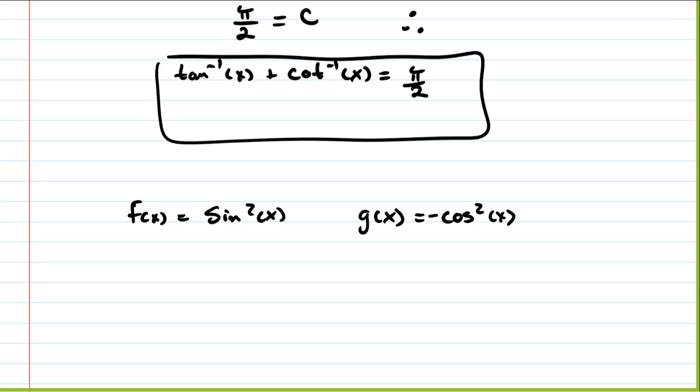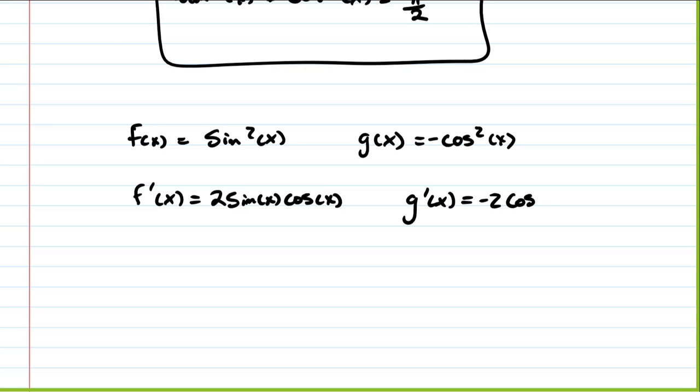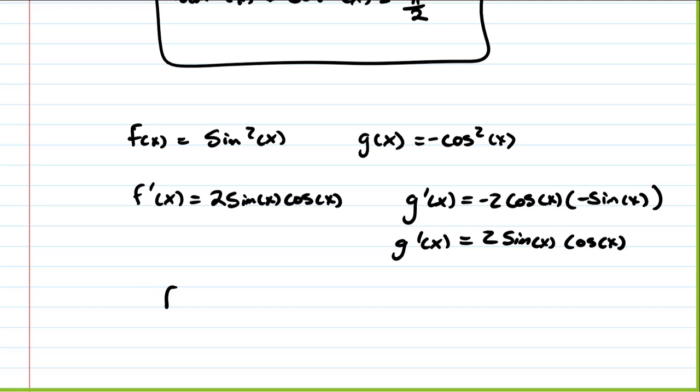Then f prime of x is equal to, by the chain rule, 2 sine x cosine x, and g prime of x is equal to negative 2 cosine x times the derivative of cosine, which is negative sine x. So then g prime is equal to 2 sine x cosine x. So f prime of x equals g prime of x. So f minus g equals a constant.